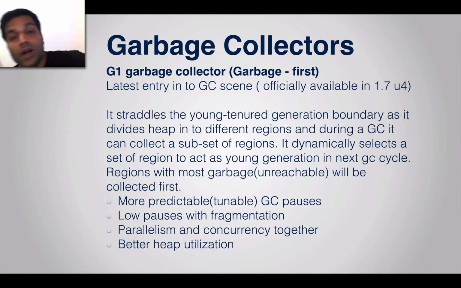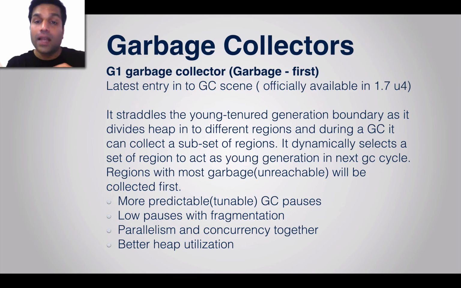What it does is, the G1 garbage collection mechanism divides your heap into small regions of memory, and each of these regions can be an eden space, a survivor space, or a tenured space. Whichever region has a lot of unreachable objects, more garbage, that area quickly gets collected by the thread, and that's why it's called the garbage first collector.